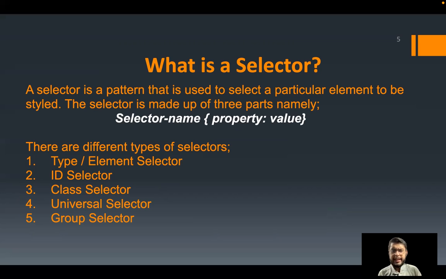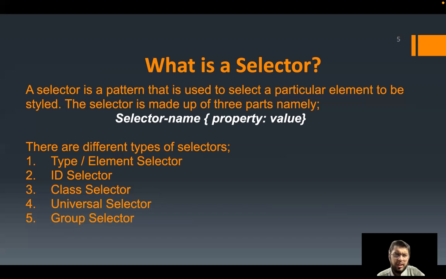If we want a particular paragraph to be in red color, or say yellow color, in our web page, we'll just select the p tag and write the property that we want to change. So the p tag is the selector that we are pointing out. And the property is like color, background, font style, font family, all the properties that we want to change for the particular selector name or the particular tag.